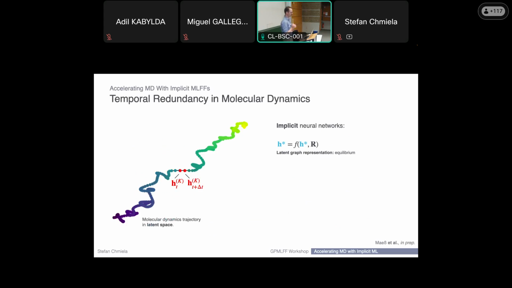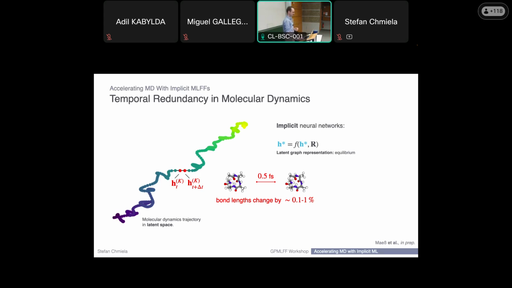So you can see here, this is an MD trajectory in the latent space. Each point is a graph embedding, and it's smooth, and we know that it's smooth because the embedding is a differentiable function of our geometry, R, right? So if the geometry only changes a little between steps, so do the embeddings.